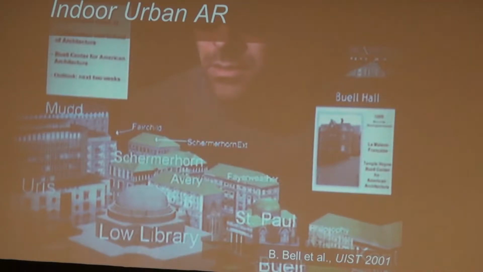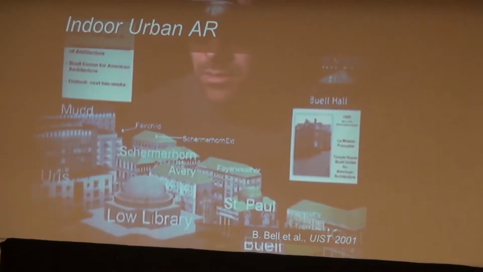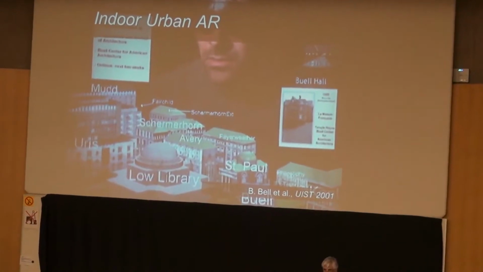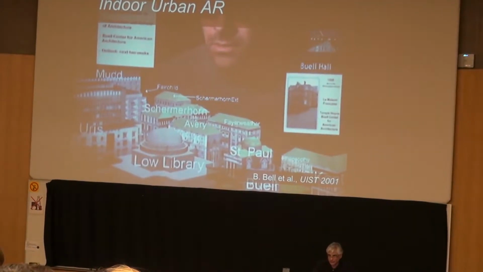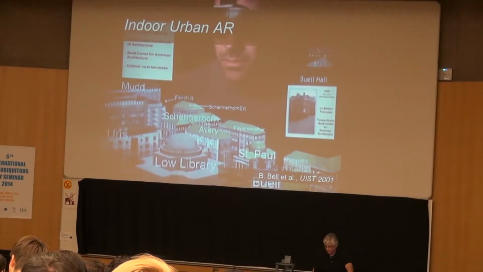On the other hand, this is work done back in the early part of the century, and the displays we were using back then, which are see-through, weren't very see-through. That thing that looks really opaque on his face is just enough see-through that you can sort of make out another person through it. But it's not as transparent as some of the things we have now.